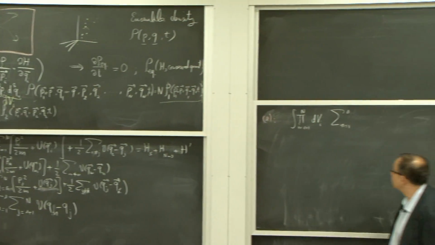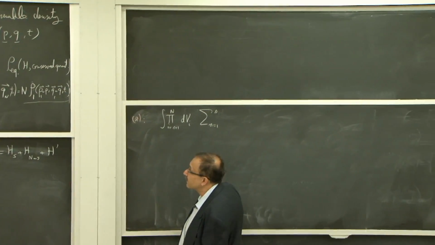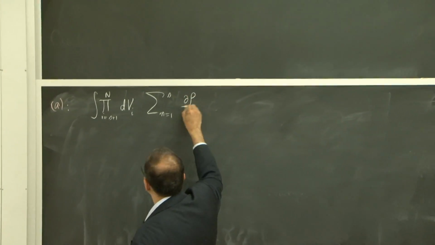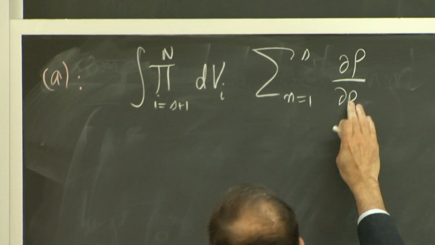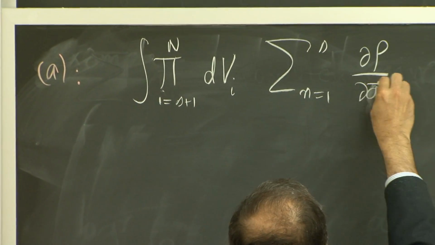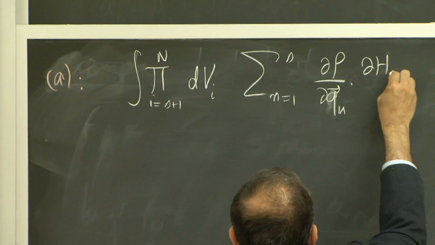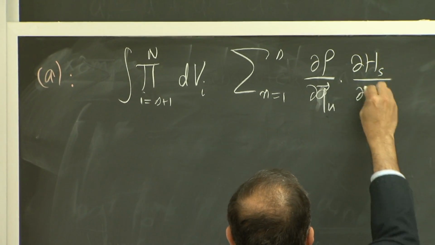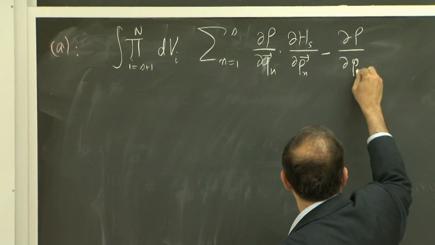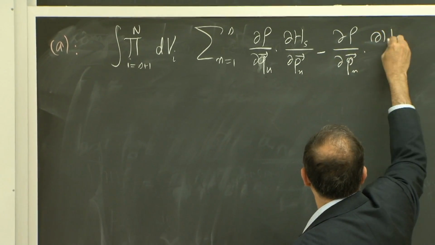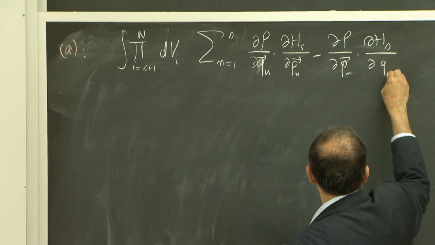These are the only terms. And I will get d rho by dq_n, dH_s by dp_n, minus d rho by dp_n, dH_s by dq_n.